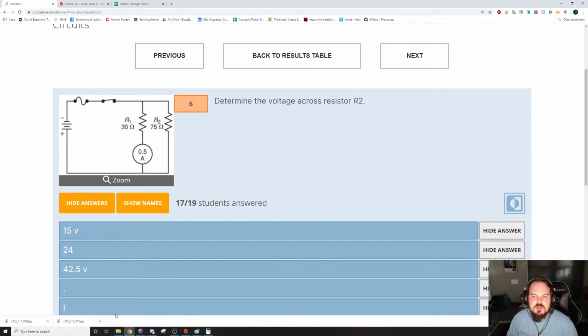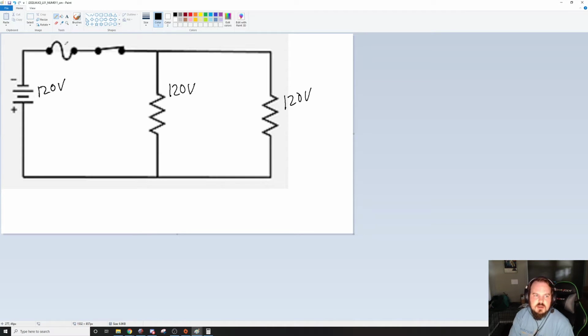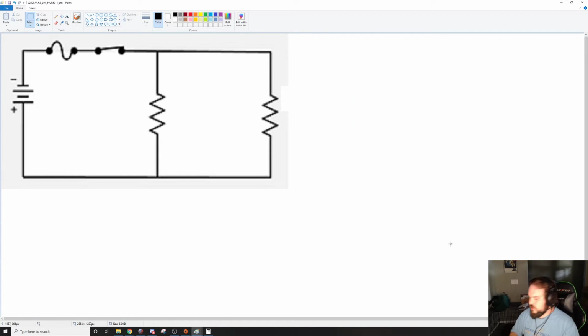Alright, determine the voltage across resistor R2. So what you're going to do first, let's get full screen.